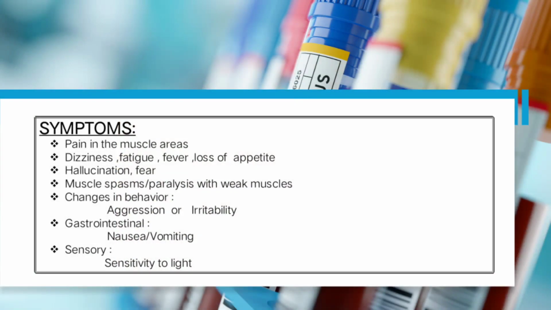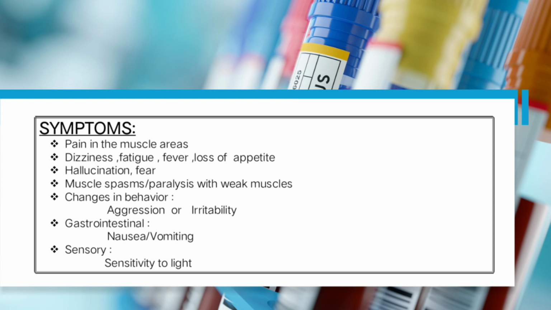Next, we'll see the symptoms in man. He'll have pain in the muscle areas, dizziness and fatigue. He'll face more weakness, progressive fever, loss of hunger and hallucination, which is the perception of something that is not present, and fear, muscle spasms and paralysis.